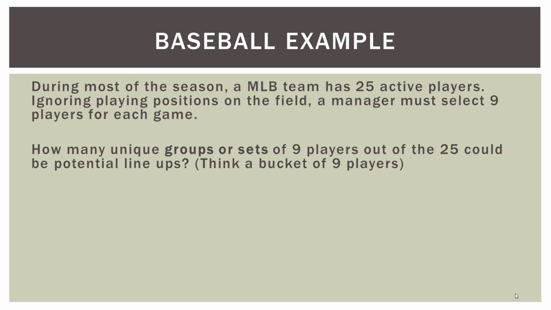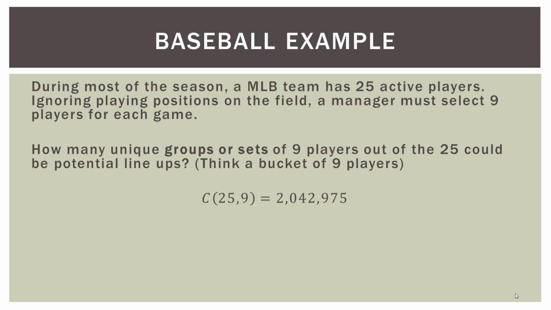So think of a bucket full of 9 players. We don't care what order they're in, we don't care anything. Just a bucket of 9 players, and how many buckets would we have that have a different set of players in it? So this is 25 choose 9. That comes out to 2,042,975. That's pretty astonishing, isn't it?